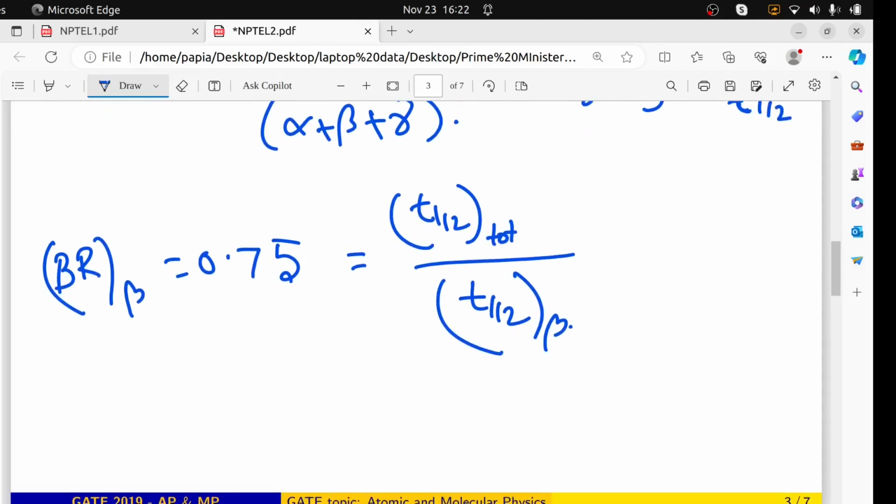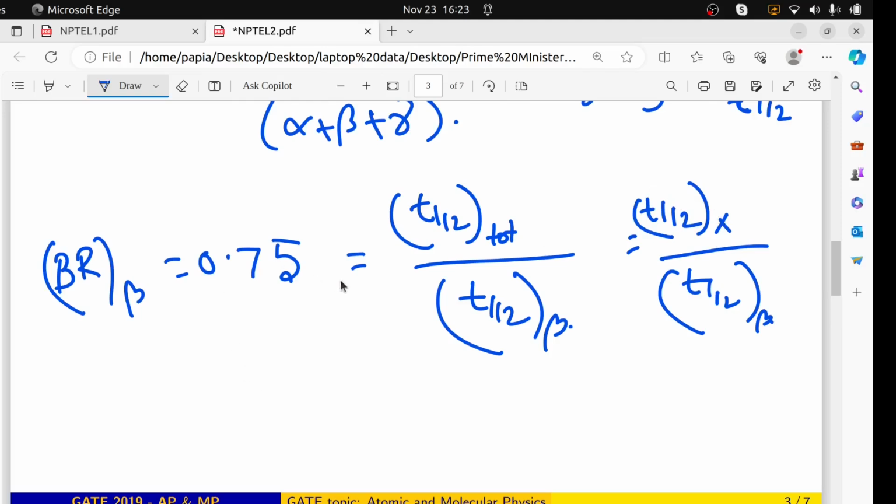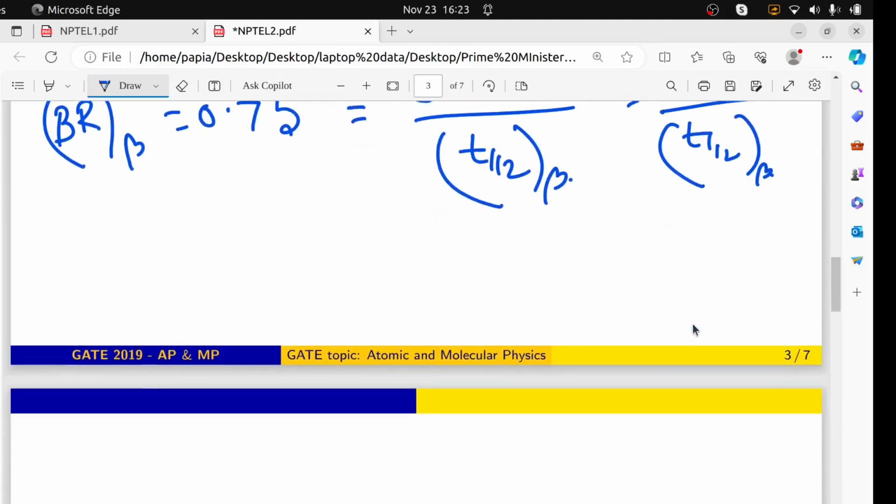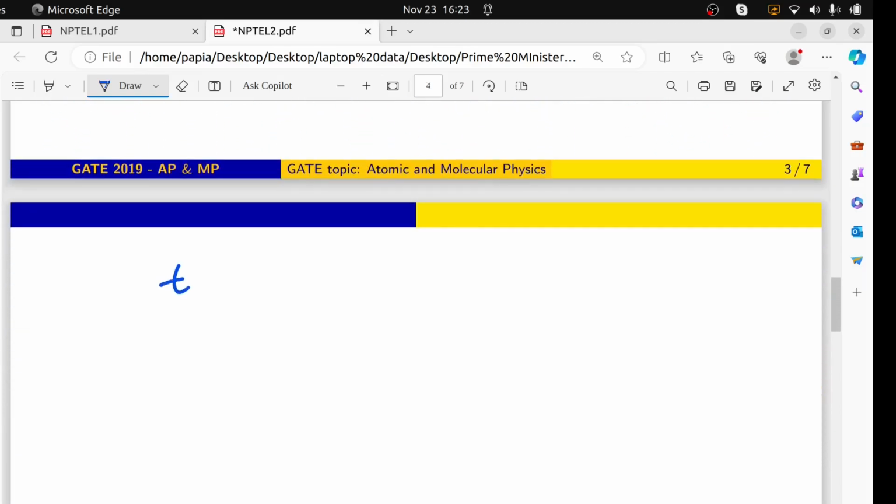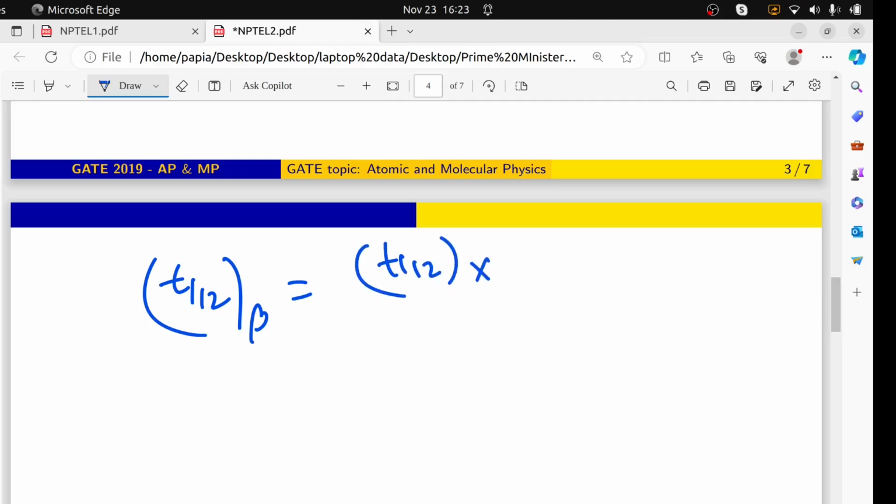T half of total is nothing but T half of X divided by T half of beta. Now T half of X is already given as 30 hours and 0.75 is already given for the branching ratio of beta. Then what will be the value of T half of beta? T half of beta we can write as T half of X divided by 0.75.